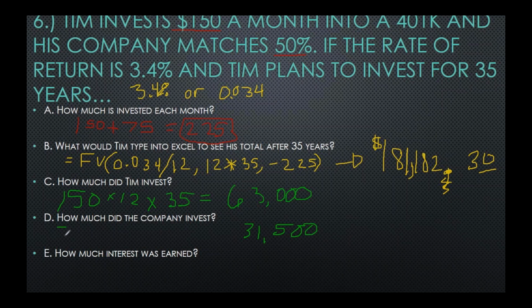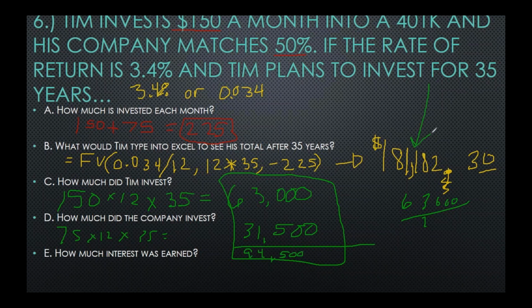Either you could have said $75 times 12 months a year times 35 years, or you could have just taken 63,000 divided by 2, because they did half of it. These green numbers are the amount of dollars actually invested. But if you add those together, that only totals $94,500. So how did the ending amount end up over $181,000?